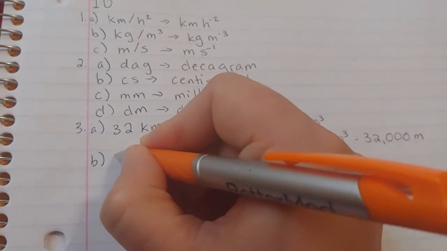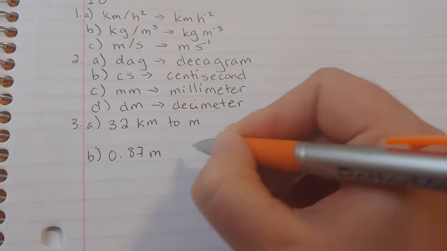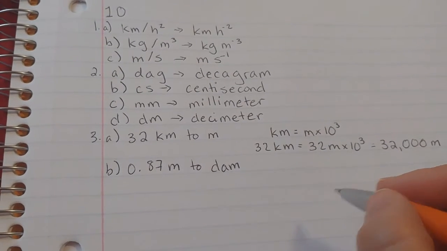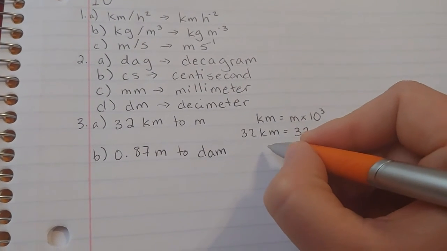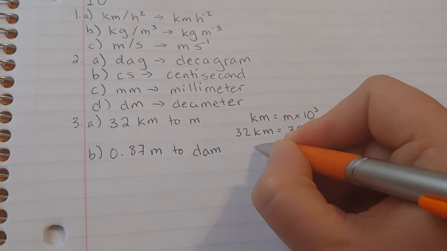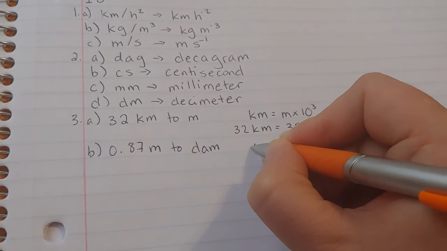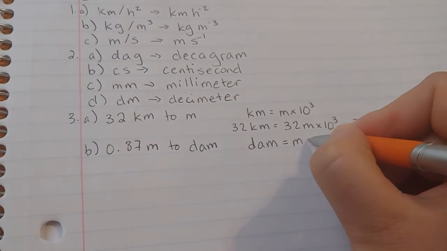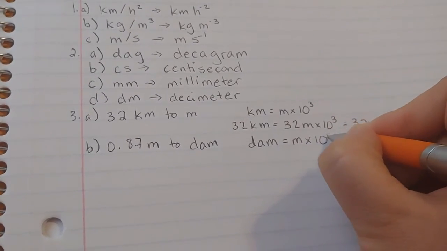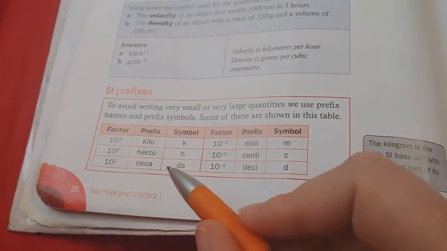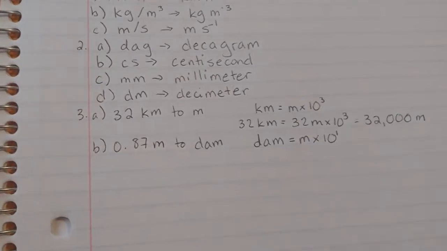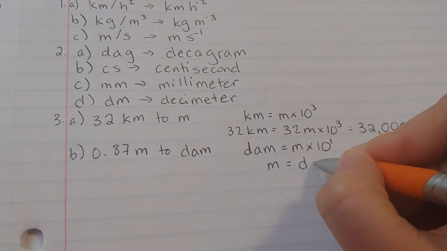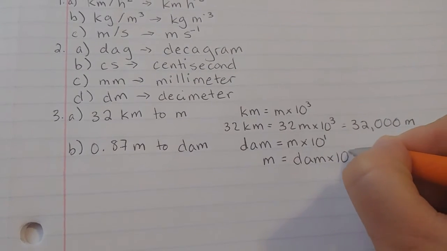Part B, I'm looking to convert 0.87 meters to decameters. All right, so I know that decameters is equal to meters times 10 to the 1 from my chart, deca, which means that 1 meter is equal to a decameter times 10 to the negative 1.